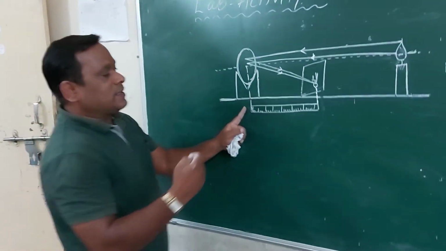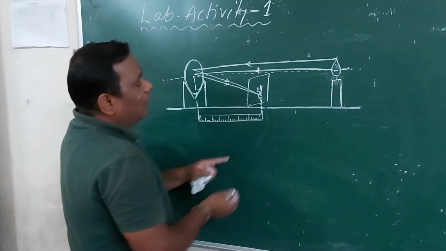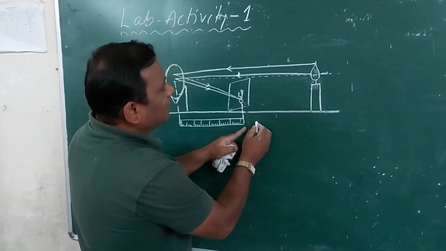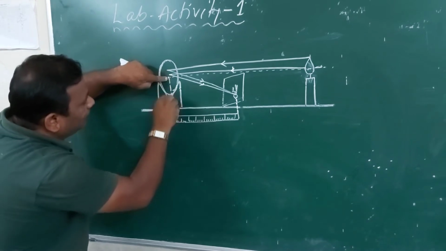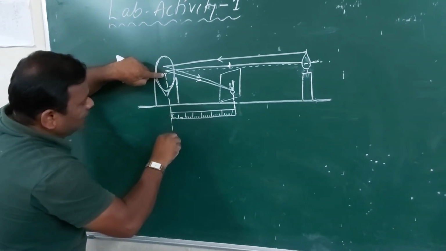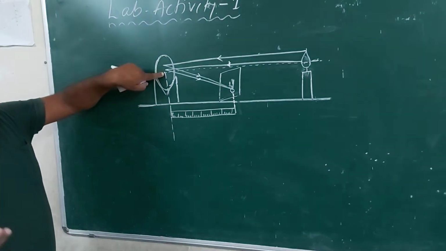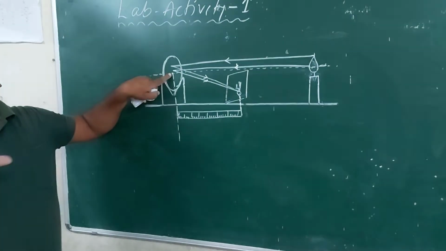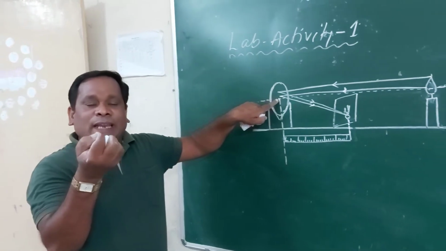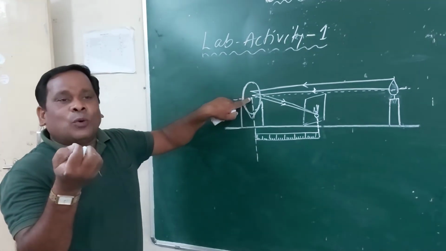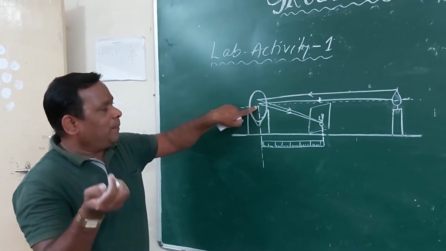When you find the image distance, you can also find the object distance easily from the pole of the mirror. When you are looking at a spherical mirror, the center of the spherical mirror is called the pole.